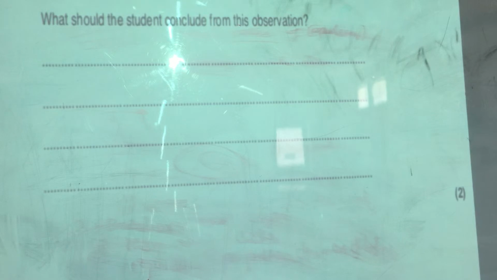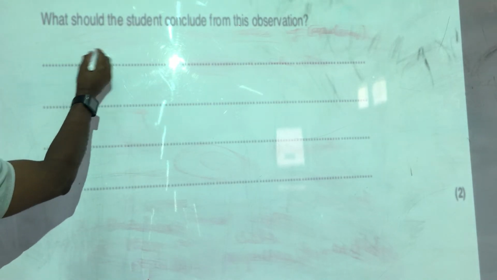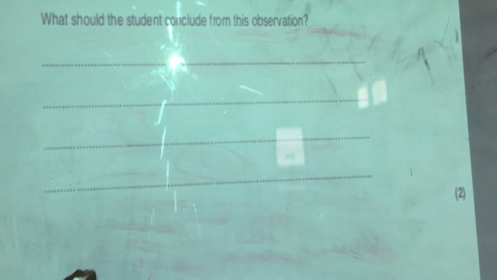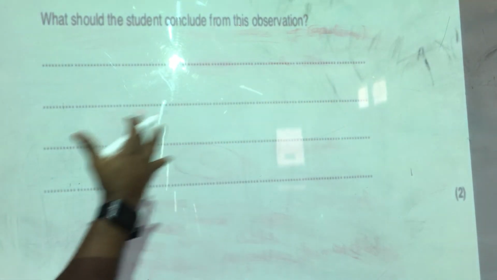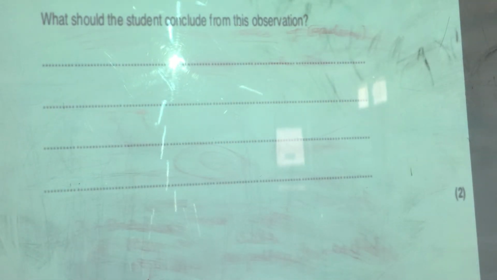Now, as you can see, we can talk about the distance. We can connect the distance and the charge. So the students observed that the nearer the 2 rods are to each other, the bigger the increase in the balance.